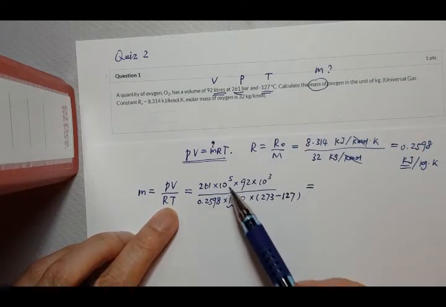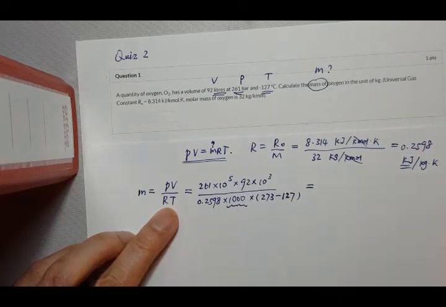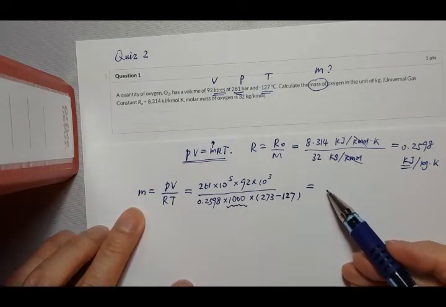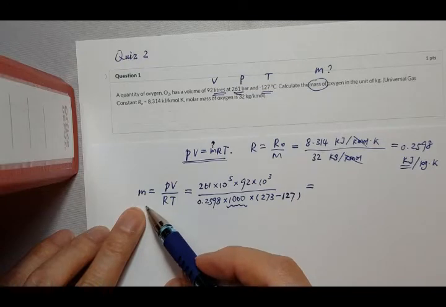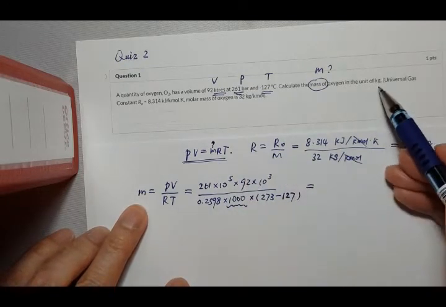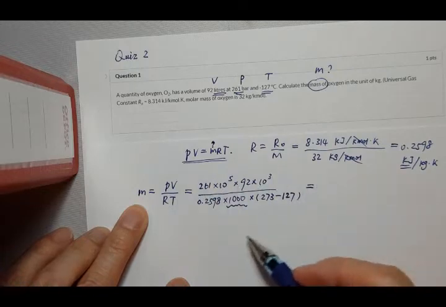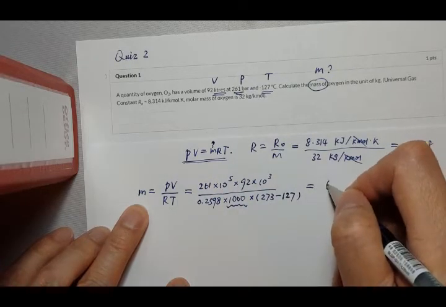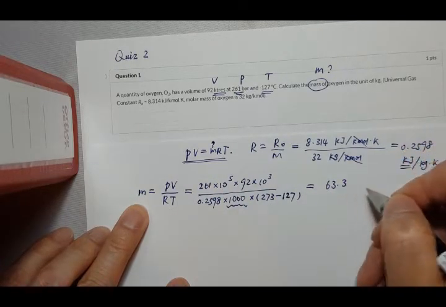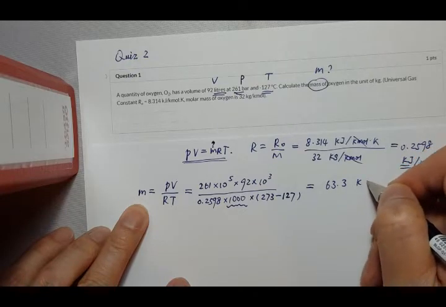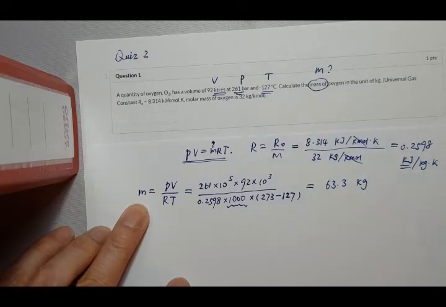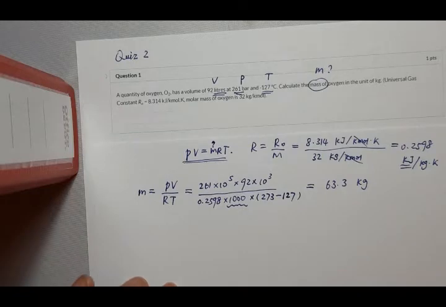Now we can make sure that everything is in SI-based units, so the final answer must be in the SI unit for m as well, which is kilogram. You just do this big calculation, which gives you the answer of 60.3 kilogram. So that's the answer for the first one.